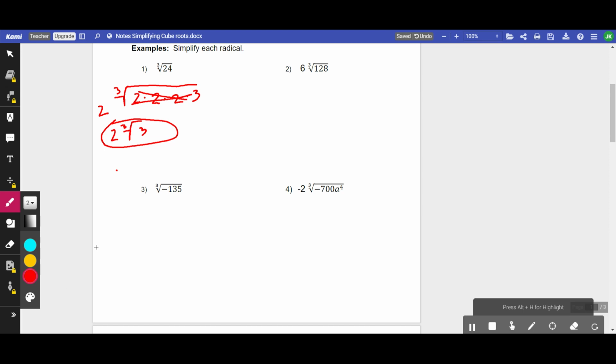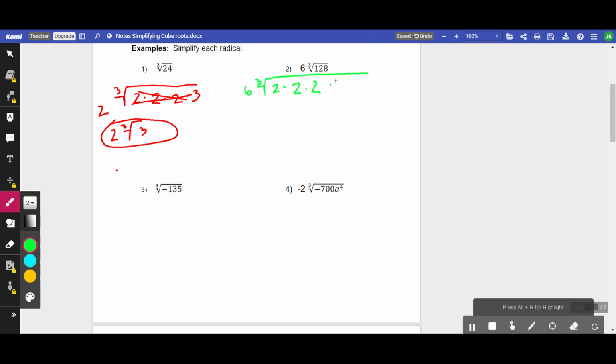And then for number 2, you're going to write out the prime factorization to start there also. So the 128 is even, so I would divide by 2 until you can't anymore. If you divide the 128 by 2, then you're down to 64, which you can take another 2 out of, which would take you to 32. 32 is still even, so you can take another 2 out, which would then be 16.